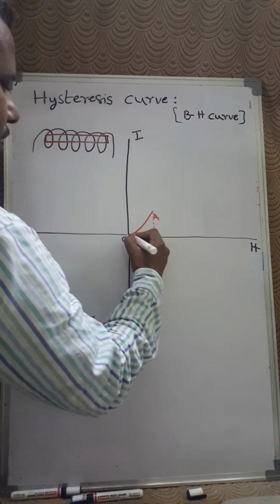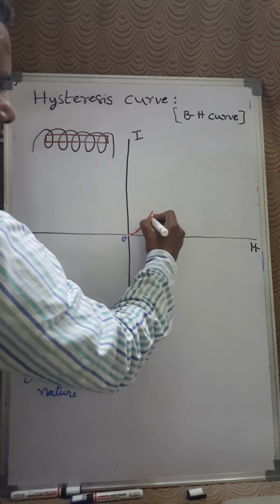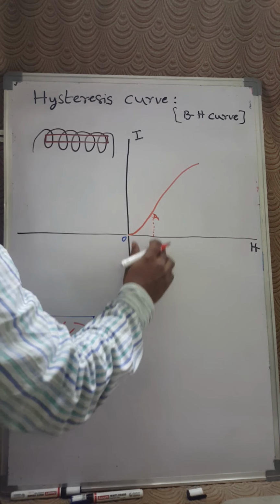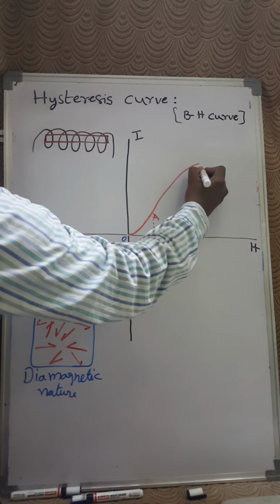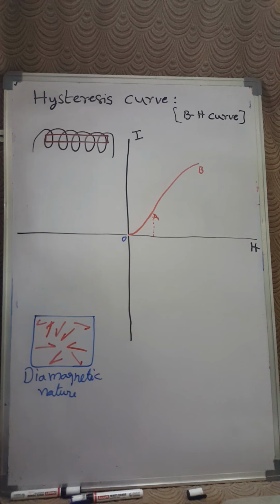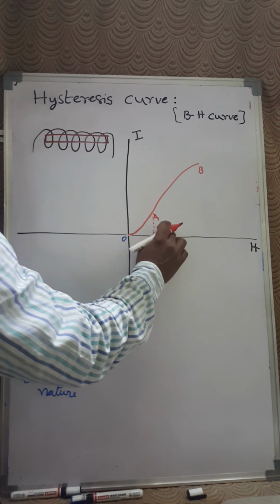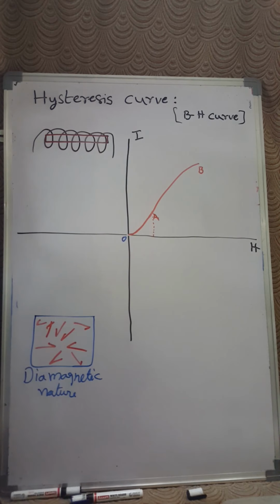With further increase in the field strength, the material is going to reach a point called B. Beyond A, if I reduce the field strength, it will not come back to the initial position.